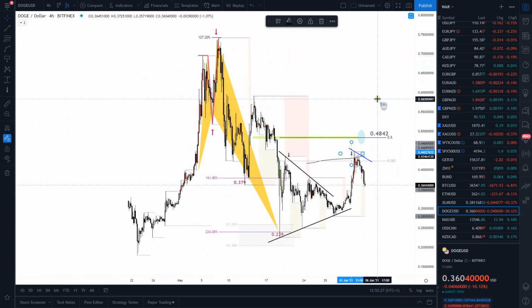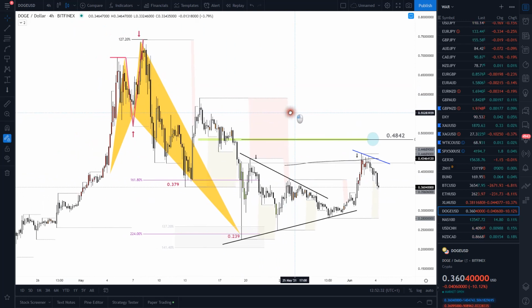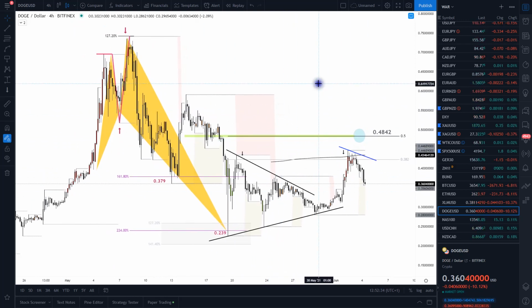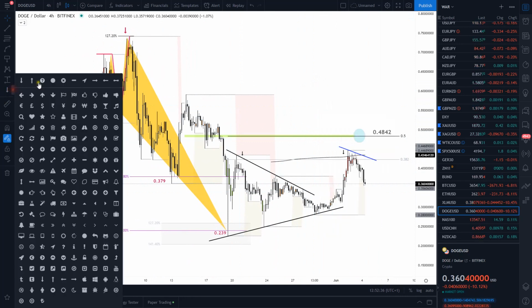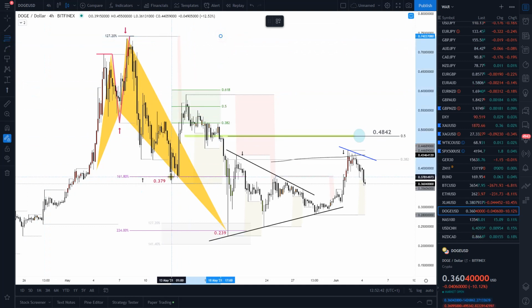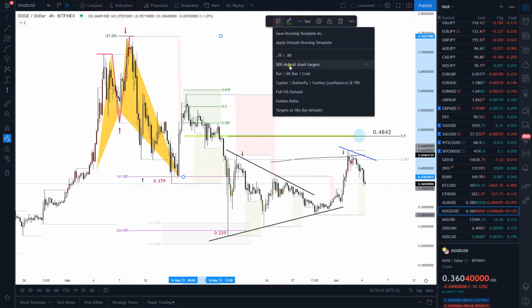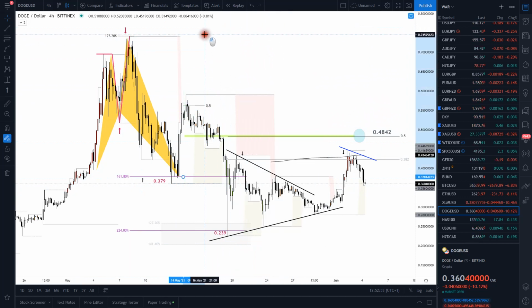Eventually the market will trade even lower, but based on the pattern the market forms, we can expect at least a 50%. We can see the first one acting very well from the golden Fibonacci level right there, the price printing the shark pattern right there.